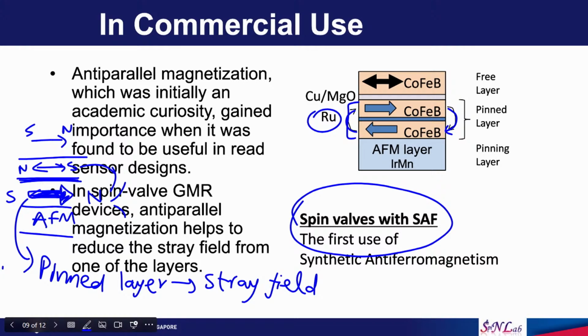So, now the free layer is not affected by the stray field of the pinned layer. Whether in MRAM or spin valve, the reference layer or the pinned layer is now always based on synthetic antiferromagnetism, because we do not want any stray magnetic field to come from this layer. So, this is one real life use of synthetic antiferromagnetism.